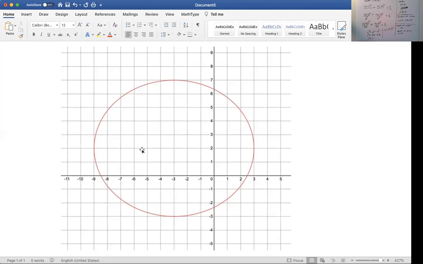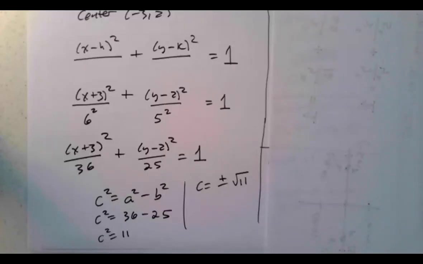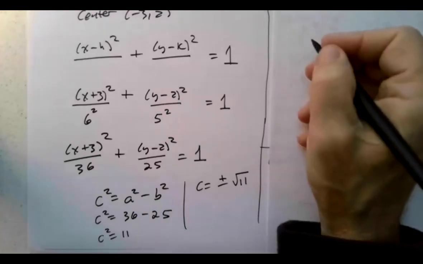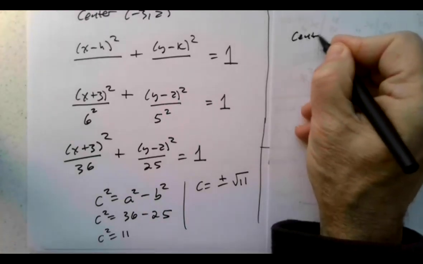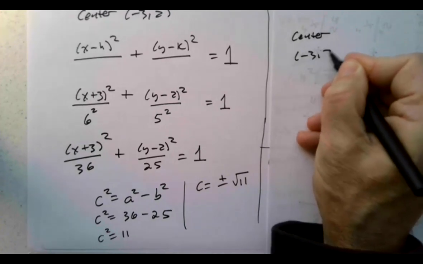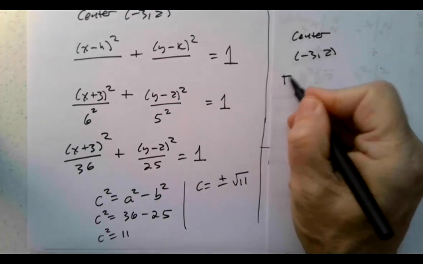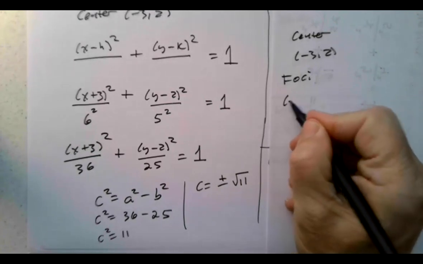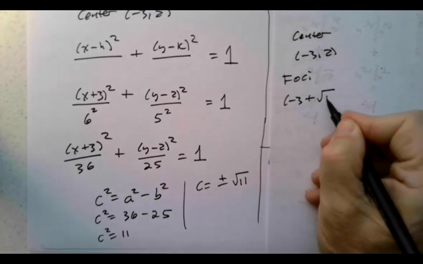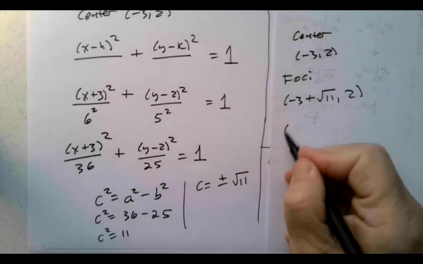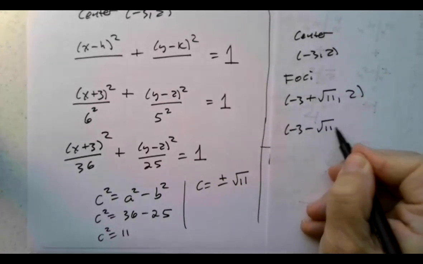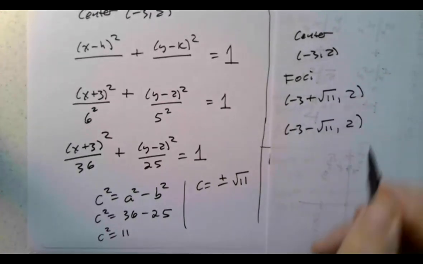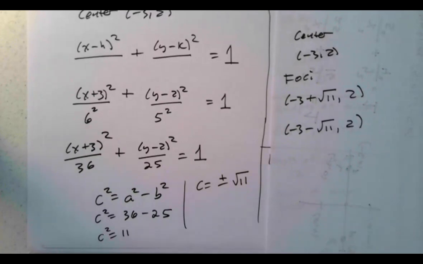So where are our foci going to be? Again, center is negative 3, 2. We're going root 11 in the x direction to get the two foci. So negative 3 plus root 11 goes to the right, comma 2, and negative 3 minus root 11, comma 2.